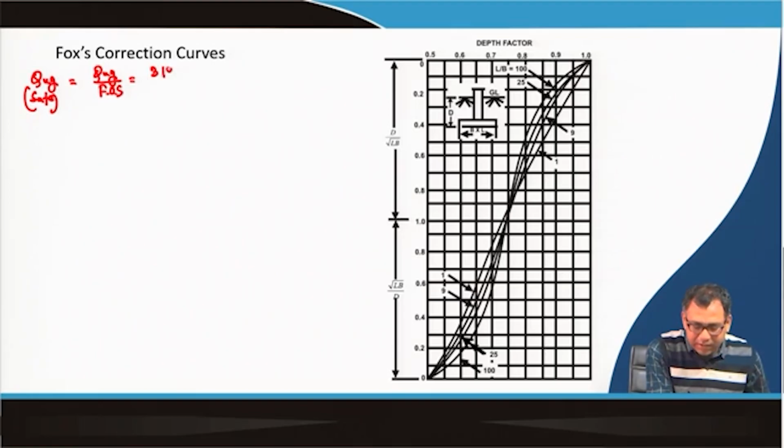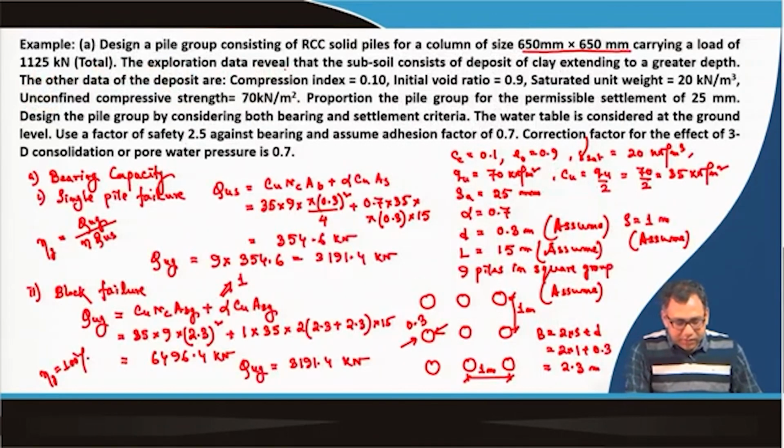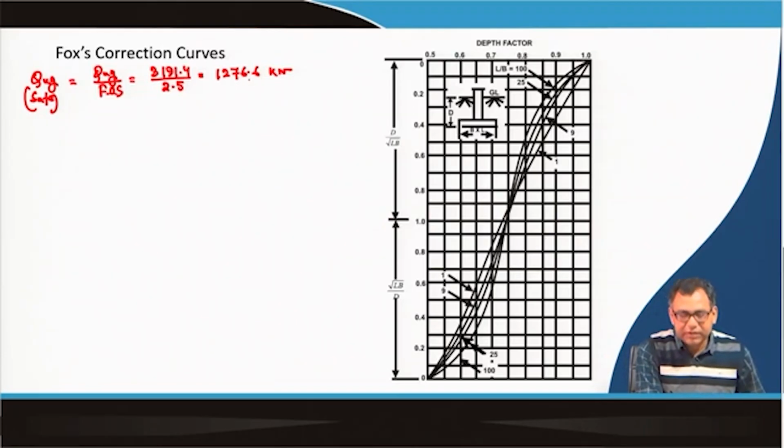So, 3191.4 divided by 2.5 is 1276.6 kilonewton. So, how much load is coming? The load coming is 1125 kilonewton, and the pile group can safely carry a load of 1276.7. So, the design is safe for the bearing capacity consideration.